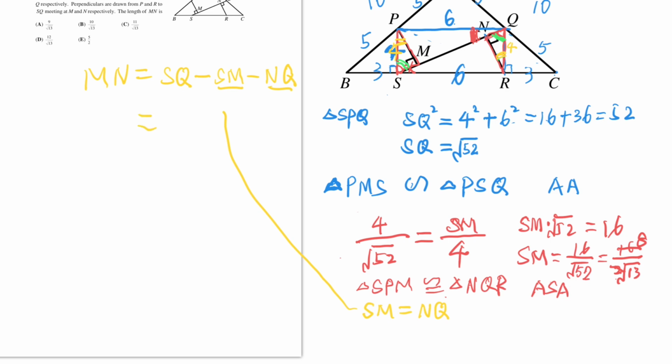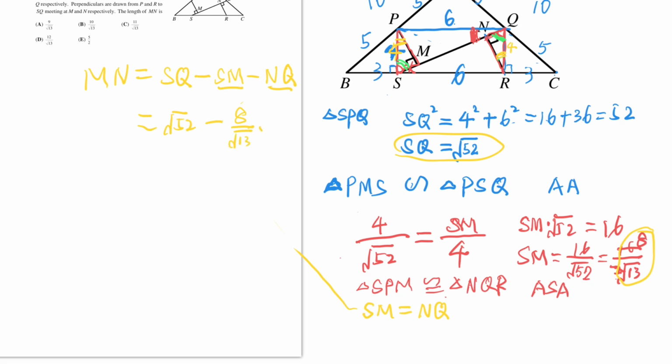SQ equals root 52, minus SM, which equals 8 over root 13.